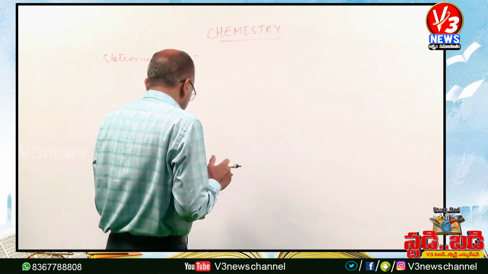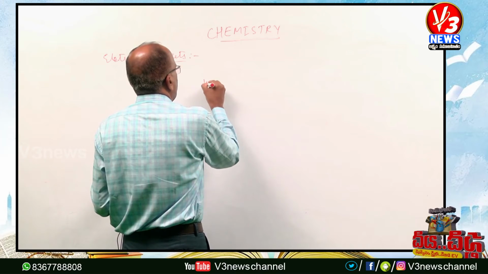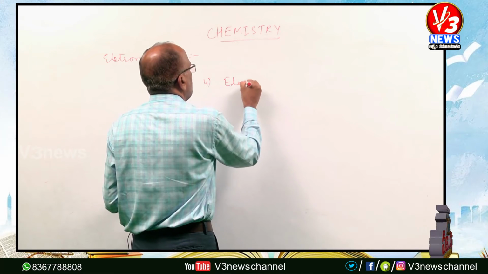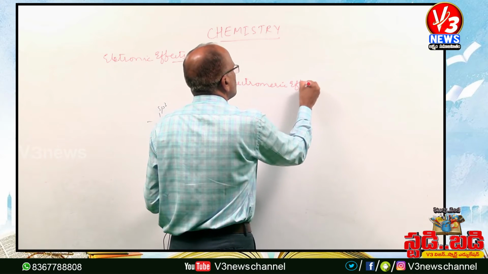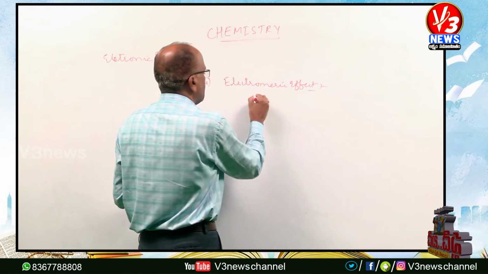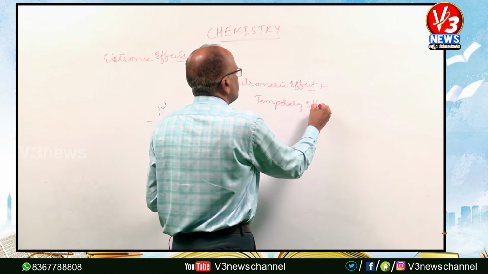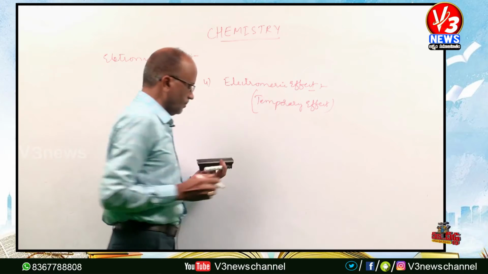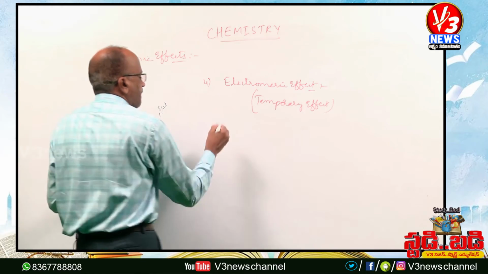So the fourth one we have is the electromeric effect. This electromeric effect is a temporary effect.